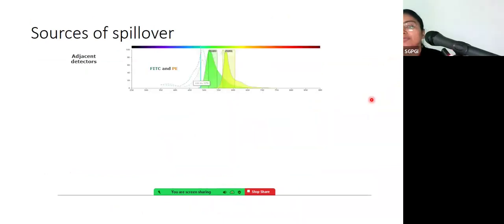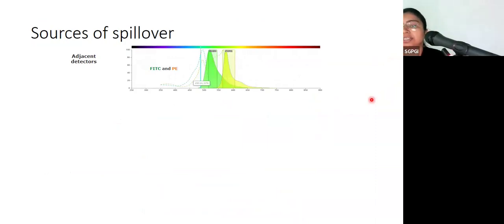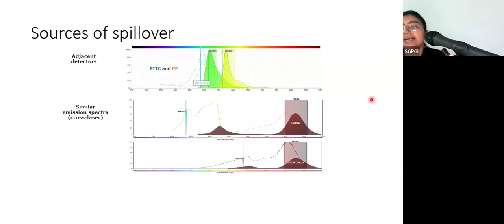So what are the sources of this spillover? The spillover happens in adjacent detectors. One example was FITC spilling into PE. Now, the second example is similar emission spectra across the different lasers. For example, PE-Cy7 and APC-H7 are excited by different lasers. So PE-Cy7 by the blue laser and APC-Cy7 or APC-H7 by the red laser, but they emit in the exact same filter zone.